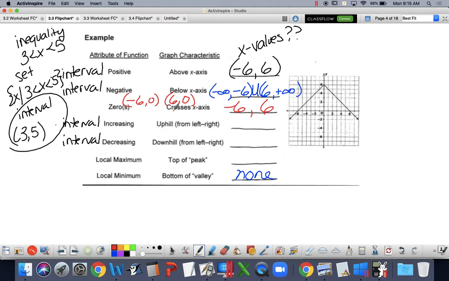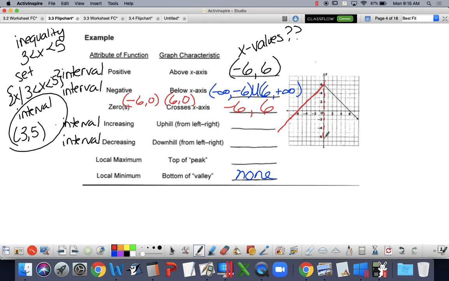Now I want to know for when the function is increasing. So what I like to do is trace my function. All the way from out here, my function is going up, and then it is done going up. It is not increasing anymore after that. I only care about the x values.